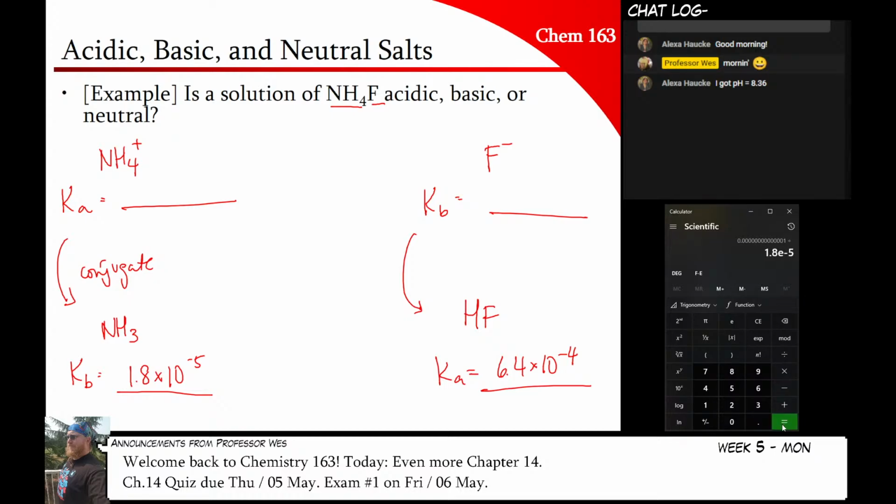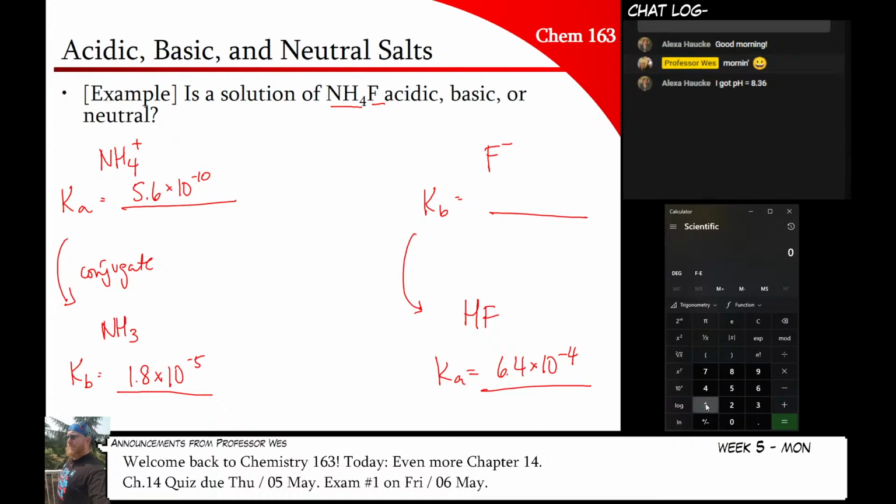I don't know why this number keeps coming up, 5.6 times something. That is just a fluke. So if you don't know Ka or Kb, write 5.6 times 10 to the something. Just guess as something. You might get it right. Who knows? I mean, 3 out of the 4 problems we've done have had that number.